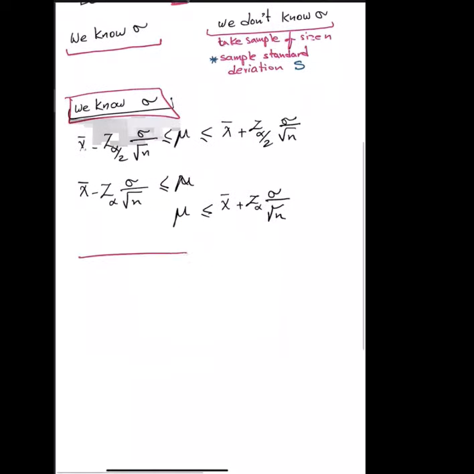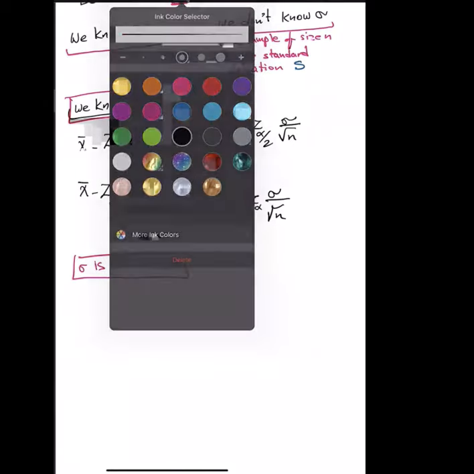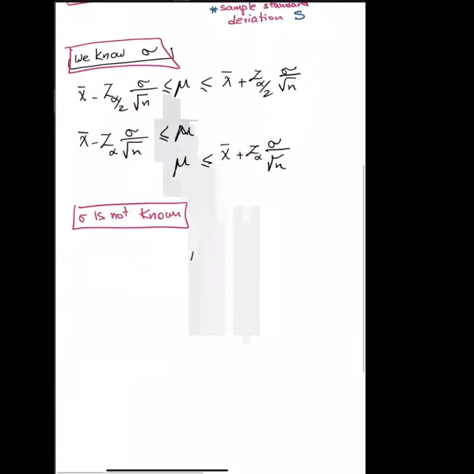Now, if sigma is not known, we have to use one of these formulas. Then mu would be between x bar minus t of alpha over 2, n minus 1, s over square root of n, and x bar plus t of alpha over 2, n minus 1, s over square root of n.